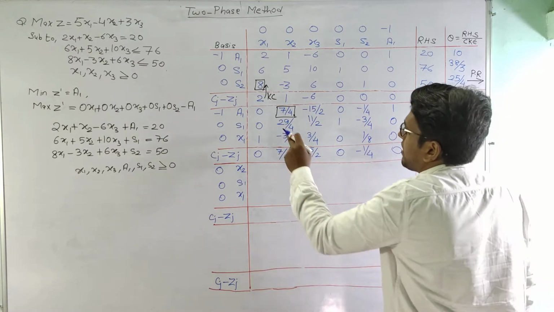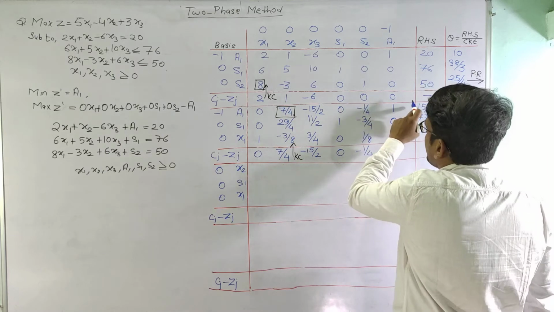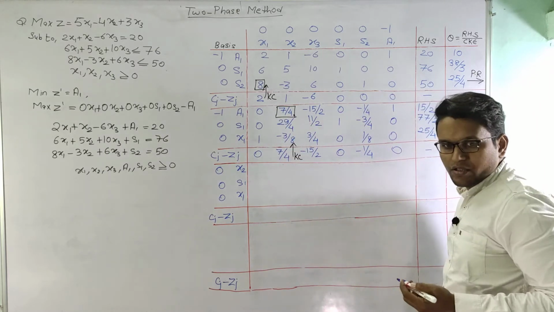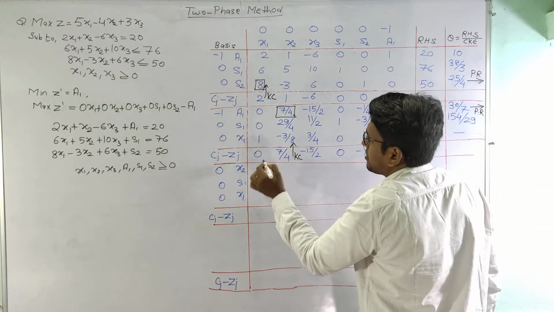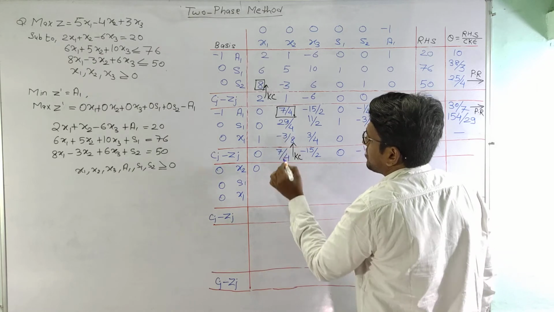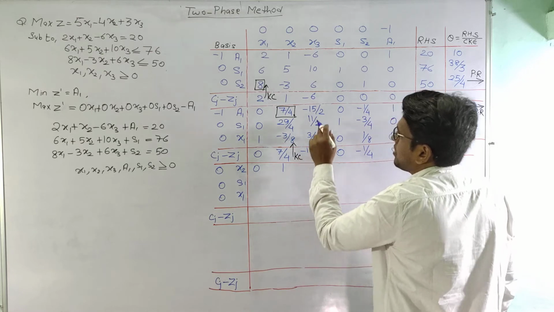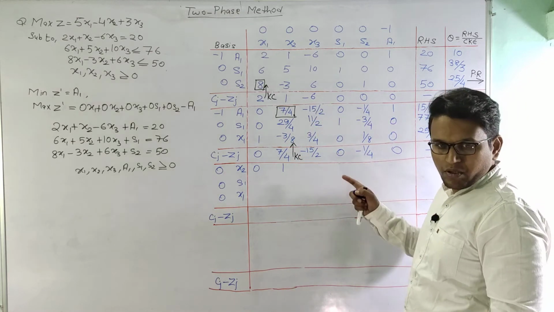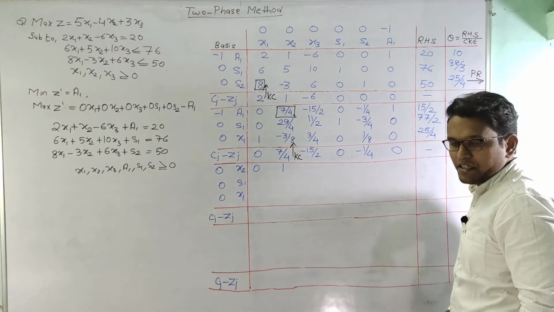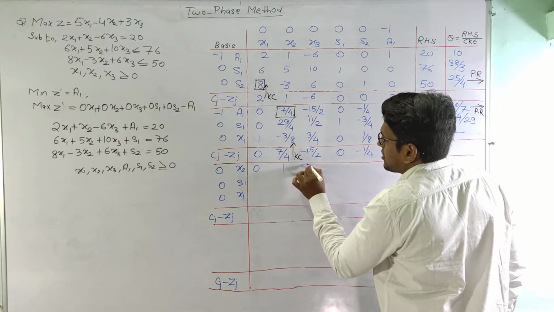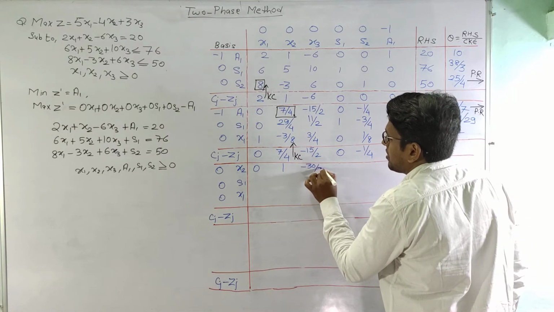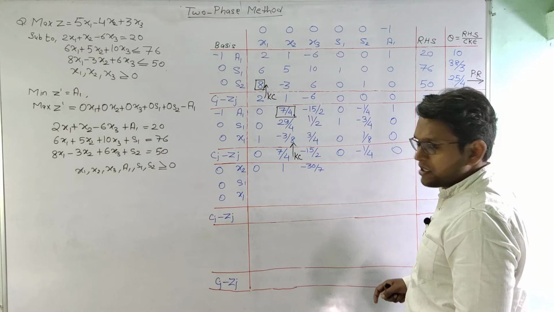So I'll divide row 1 by 7 by 4, so I'll get the value as 0 by 7 by 4 is 0, 7 by 4 by 7 by 4 is 1, minus 15 by 2 by 7 by 4 is minus 30 by 7.